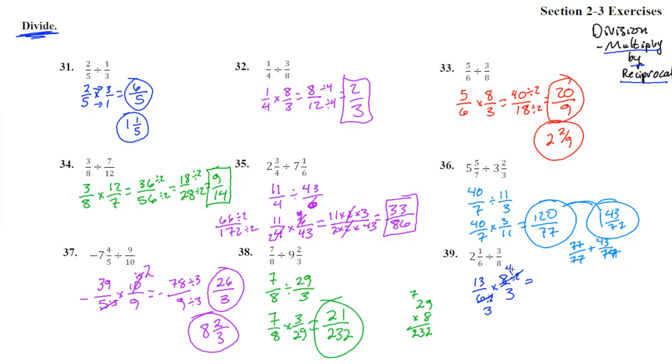So we get 13 times 4 is 52. 3 times 3 is 9. 52/9. We could change it into a mixed number by saying 9 goes into 52 how many times? 9 times 5 is 45. 9 times 6 is 54, which is too big. So 5 times, 45/9 are there. And 45 from 52 is 7. 5 and 7/9. Great.